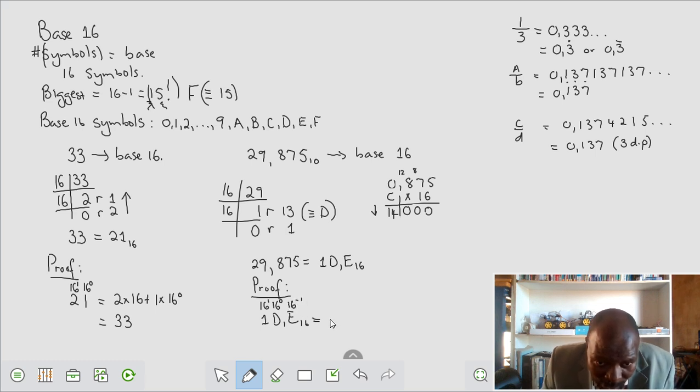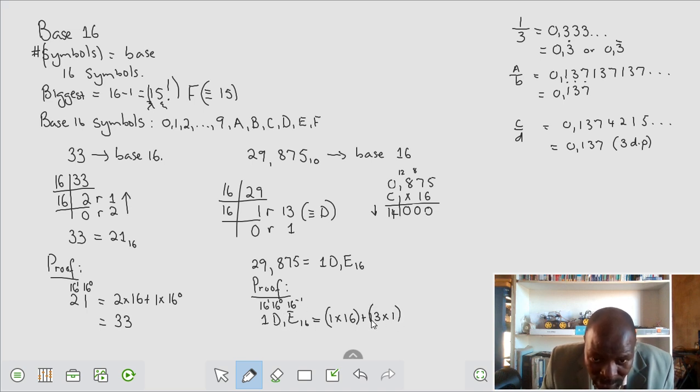This therefore is what? 1 times 16 to the power of 1 is 16 plus D, which is actually 13. So this is 13 times 16 to the power of 0, which is 1.